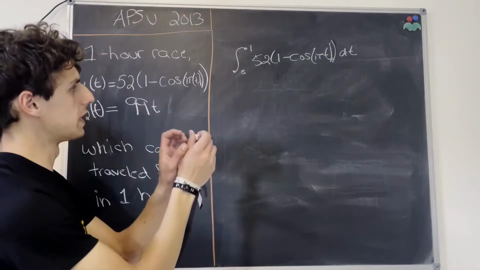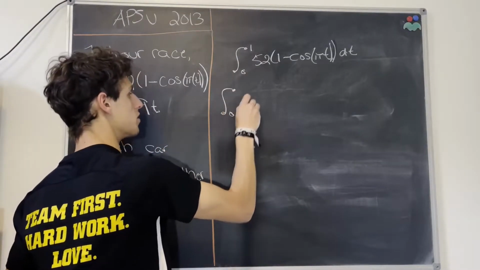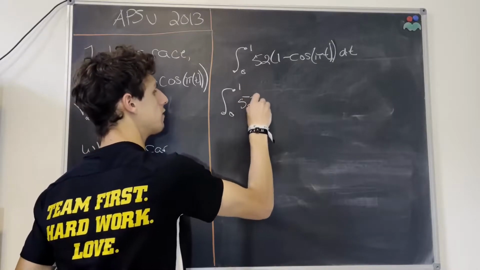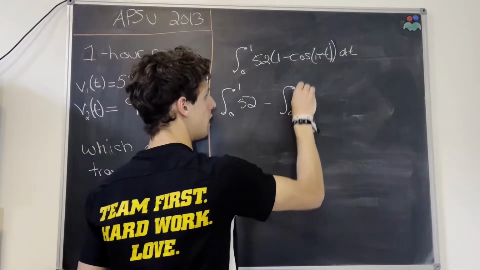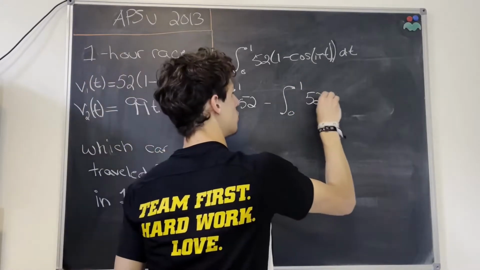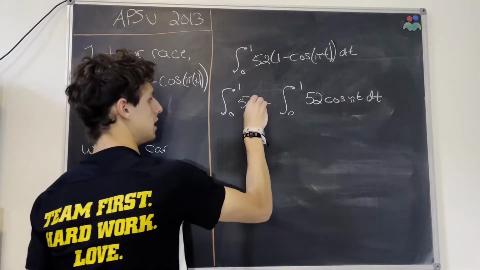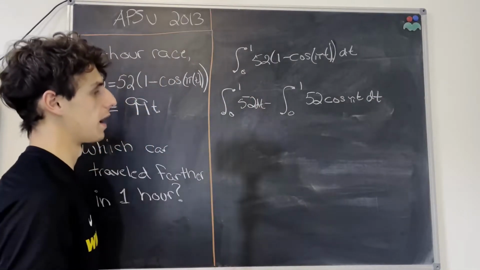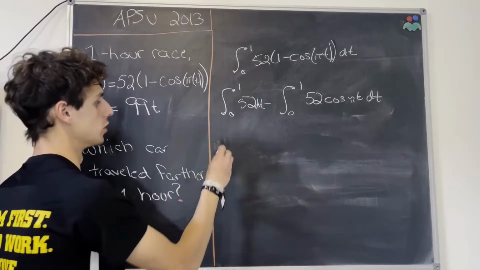But now we can split this into two different integrals. We'll have the integral from 0 to 1 of 52, that's 52 times 1, minus the integral from 0 to 1 of 52 cosine pi t, where this is 52 dt here and cosine pi t dt over there. So let's go ahead and do this one first.